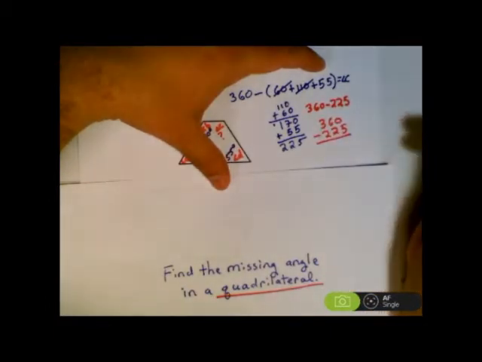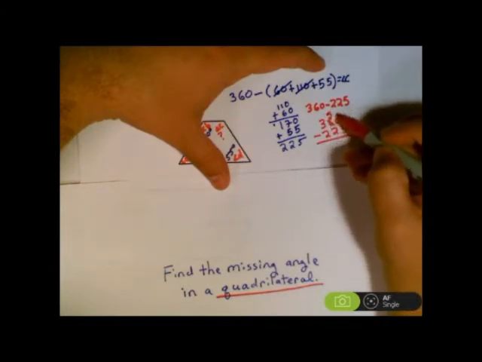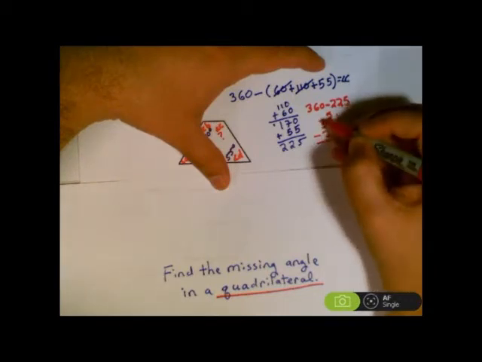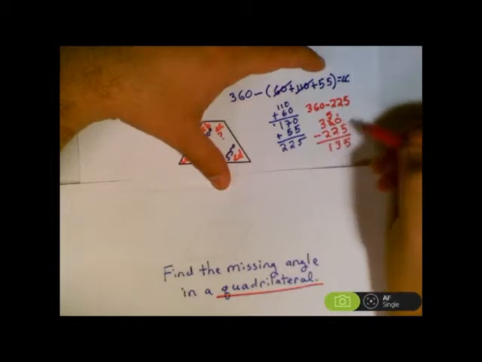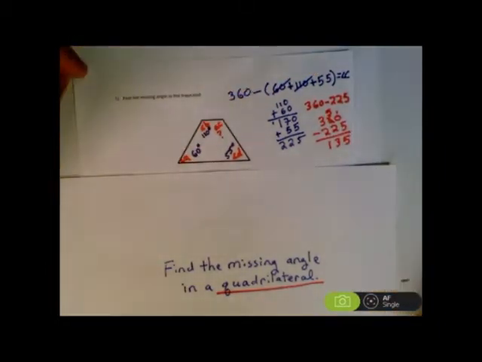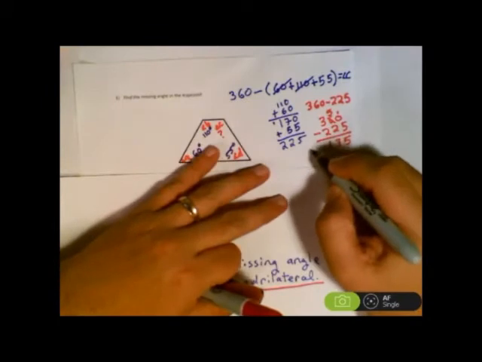Borrow from the 6, we're going to get a 5, add a 1. 10 minus 5 is 5. 5 minus 2 is 3. And 3 minus 2 is 1. So then what do we know? We know that our missing angle, angle C, is going to be 135 degrees.